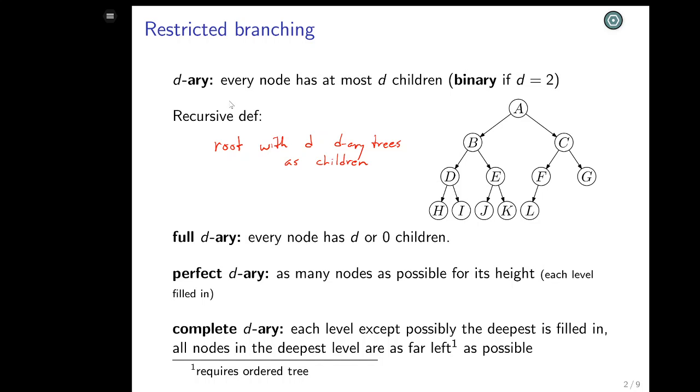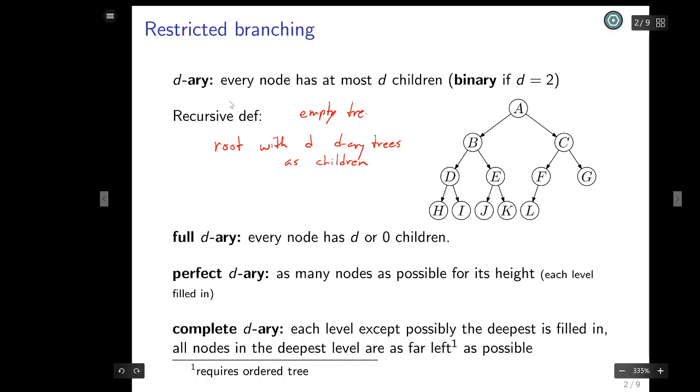Well, it has at most d children. At most d. So it's a root with at most d-ary trees as children. But I didn't write that because I'm going to be really sneaky. And there's the base case, which I'm going to let be an empty tree.